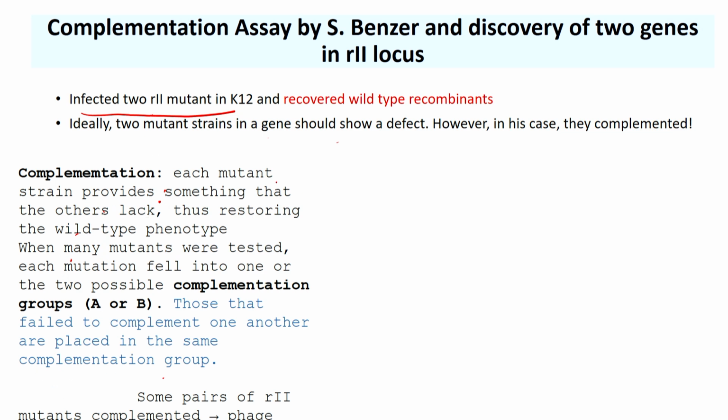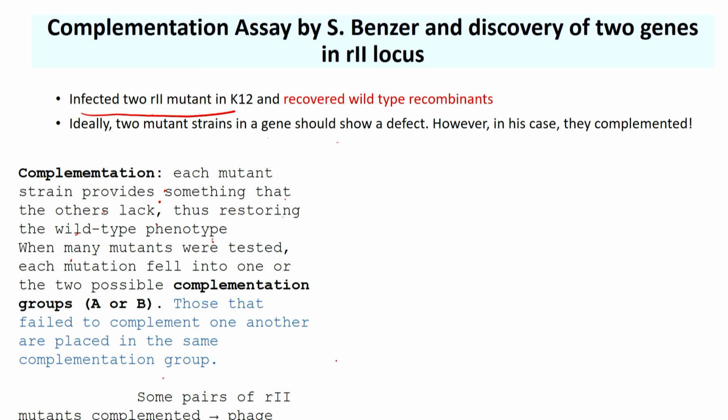As I just mentioned, complementation is where each mutant strain provides something that the other lacks, thus restoring the wild type phenotype. If the two mutants are at the same place, then they are homozygous mutants, right. But if they are at two different loci and one mutation is only compromising one thing and the other another, then in combination you are getting both of it.